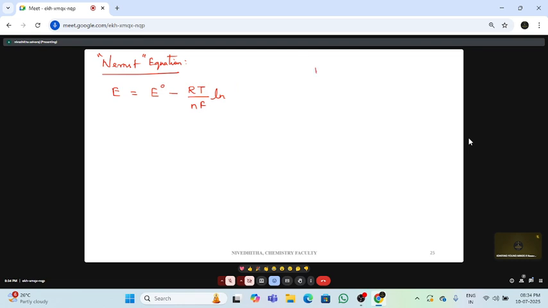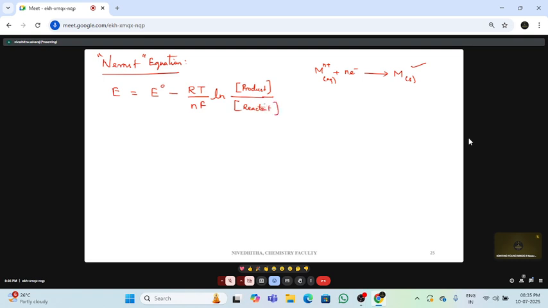For example, I have Mn+, and this ion has to gain n electrons to get converted into metal M. So this is the reduction reaction, and in this reaction, M is the product. So here it is the concentration of the product divided by the concentration of the reactant. That's it. This is the Nernst equation.